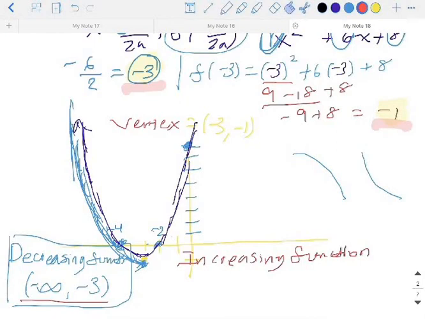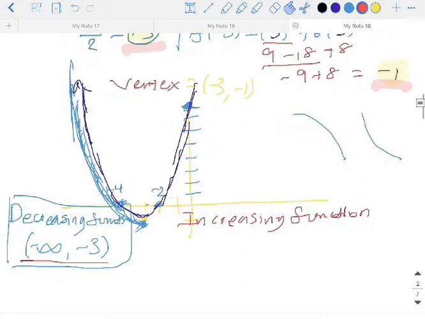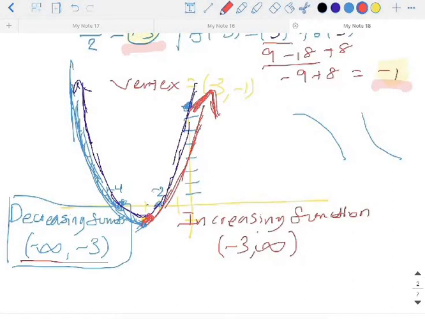So we will now answer the next part of the question. Interval notation of the increasing function. Which starts at the vertex, and it just goes up at this point, because the function is going upwards. So we denote this by saying that it starts at negative 3, and it goes up to positive infinity forever.